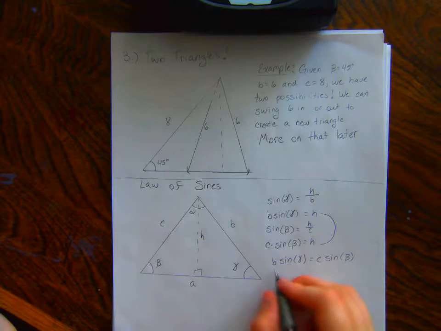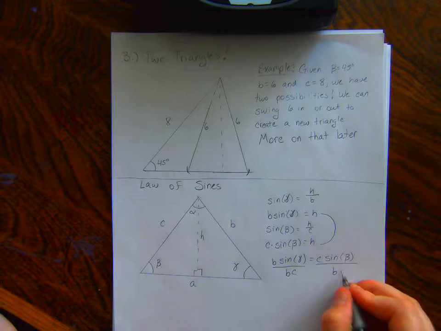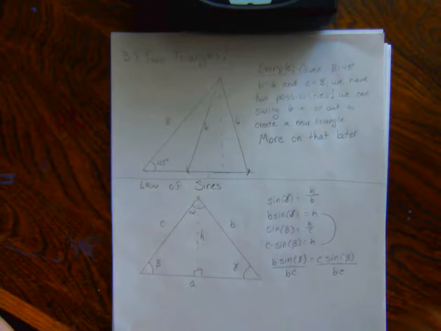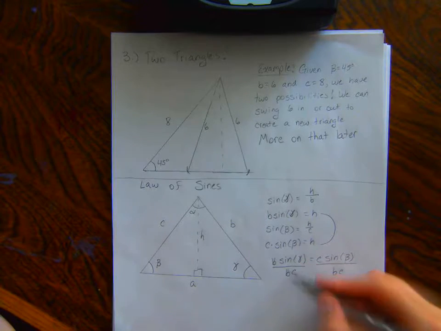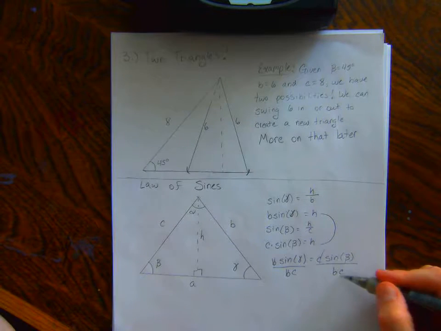And I'm going to divide both sides by BC. Now when I do that, notice that these B's cancel out on this side, and the C's cancel out on this side.